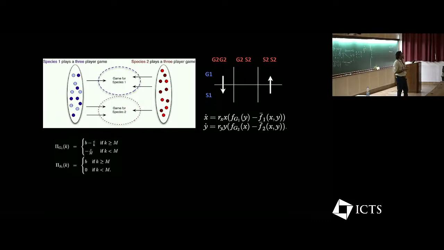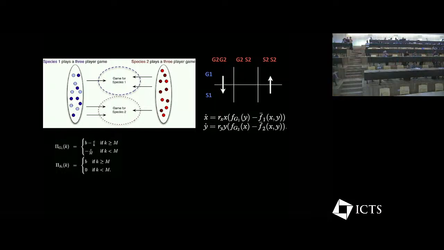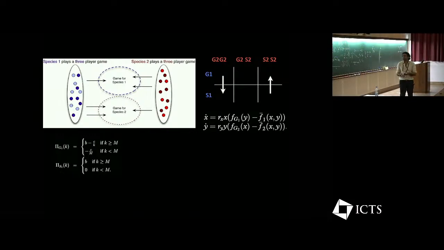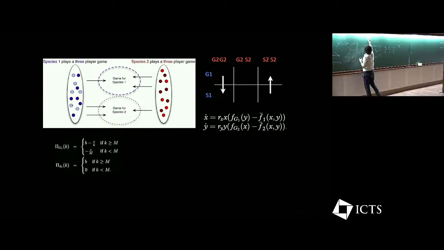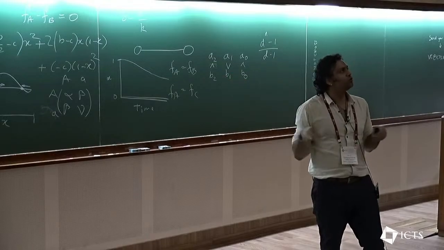I can't see it, but is there an interpretation where, if we were talking about the lycaenids, the two ants would take that and then somehow split it between them? No. Yes. Good. Yeah. You could do that, because you could do that on the size of the group, and then you could split the benefits on the size of the group. So for example, right now you do have this B, for example, B minus C over K. And this K tells you how many other cooperators there are within the group. But since currently we only look at interspecies dynamics, it doesn't matter what your own group looks like.